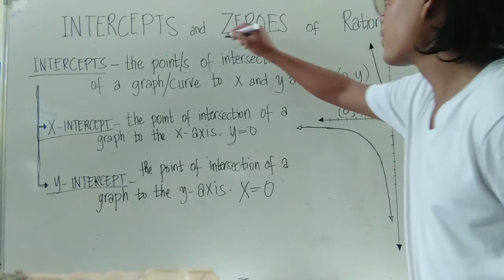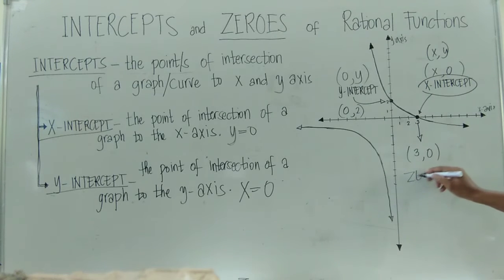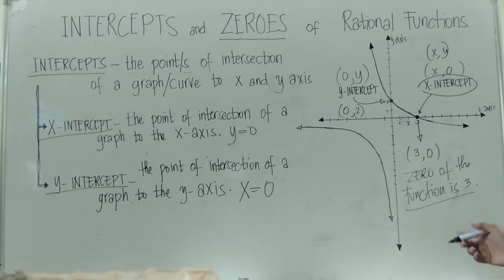So what about the zeros? The zeros of the function will focus on the x-intercept. On our graph here, the zero of the function is 3, but the x-intercept is at 3, 0.